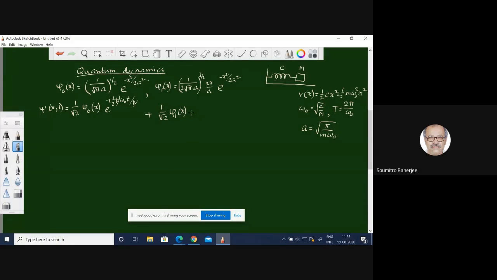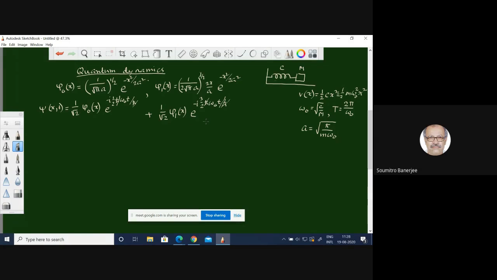Again in this case, it will be e to the power minus i, now its own energy, which is 3/2 ħω0 t by ħ. These two cancel off. So what you end up with are these.